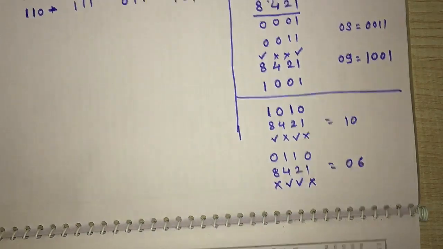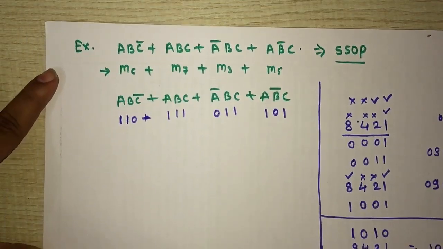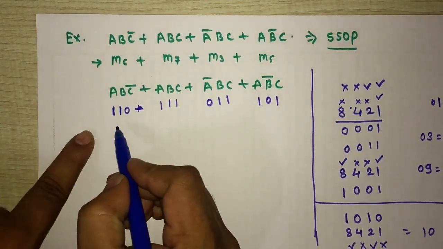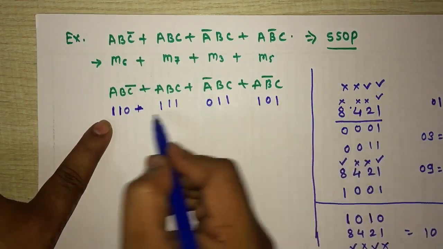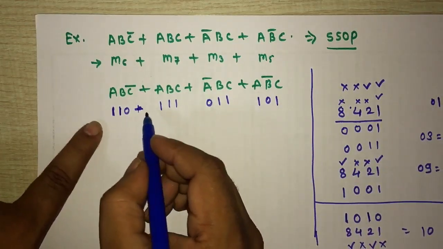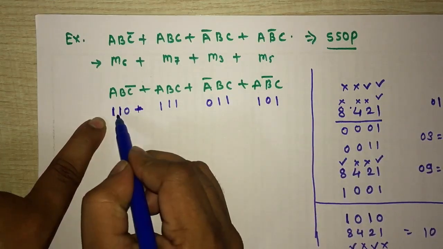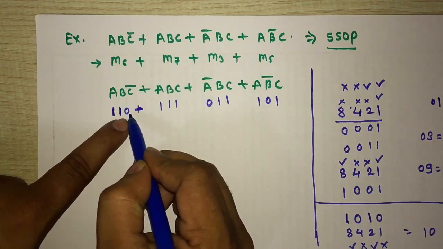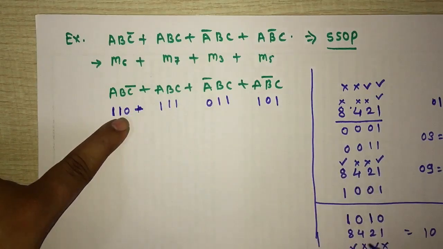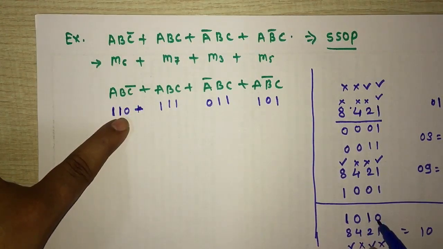Okay, now coming to our actual problem. Here we need to convert this value into a decimal value. How to convert? Use the 8421 format. But in this case only 3 digits are present, and we have seen that a total of 4 digits are needed.